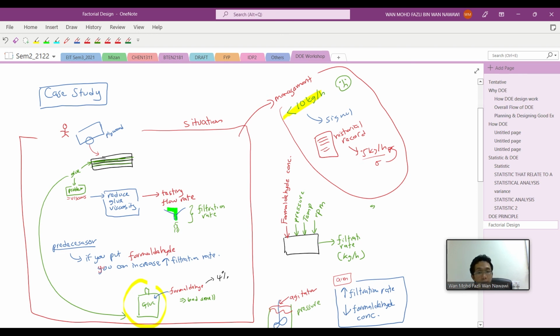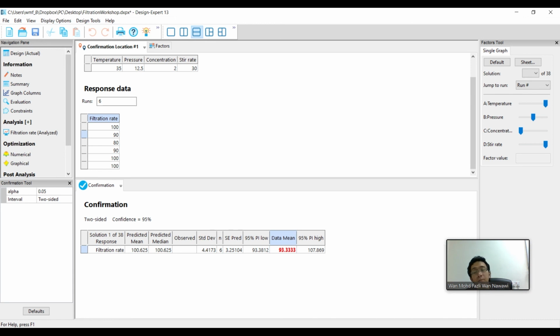So that is basically the purpose of doing this 2 factorial design. In this case, we want to see whether, if you reduce the formaldehyde concentration, you can improve the filtration rate. Then you found it's yes, then it's good. And then you run the confirmation and so on, then everybody is happy.